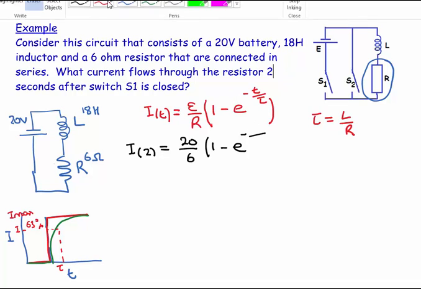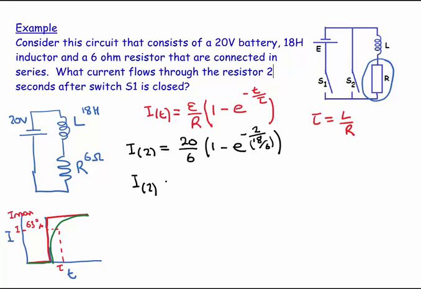The time we're interested in is 2 seconds, so that would be minus 2, and L over R would be 18 over 6. So I at 2 seconds is equal to 20 over 6, times 1 minus e to the minus 2 over 3.